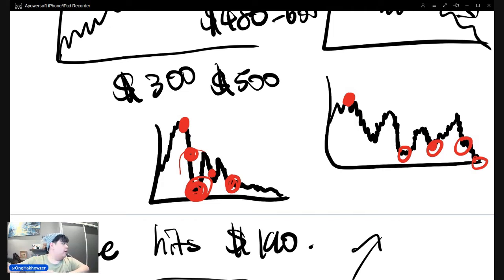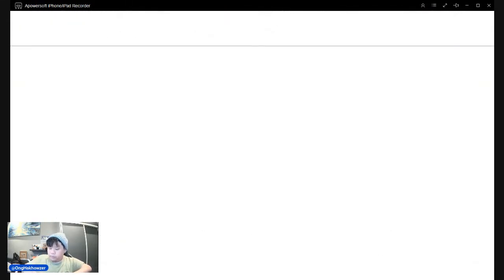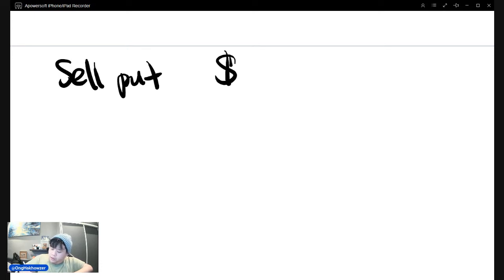So for example, let's look at how much puts are right now for Apple. I'm going to look at the 20th of May. I'm going to sell a put at, let's just say, 165 per share.